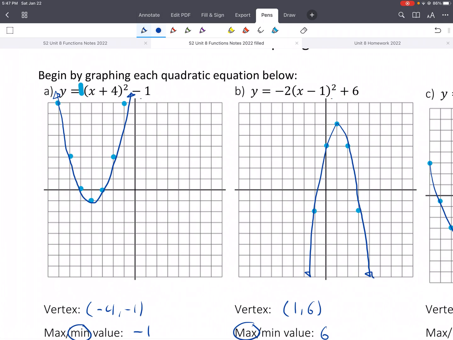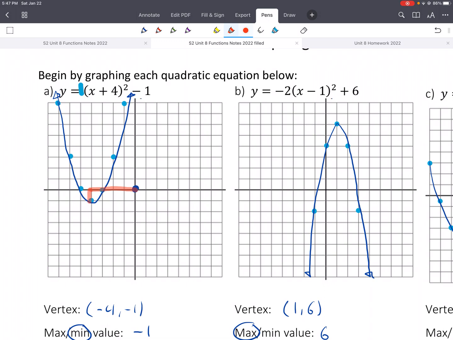If we had the graph at the origin, what's happened with the H? Well, the H moves it left 4, and the K makes it go down 1. Maybe I should use a different color, okay? So it made us go left 4 and down 1.